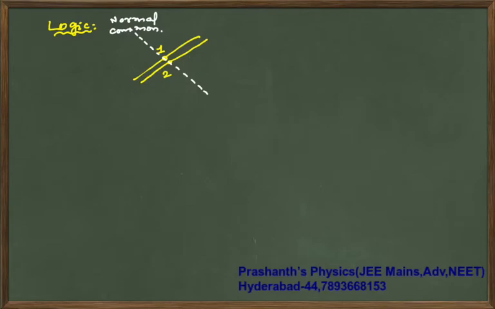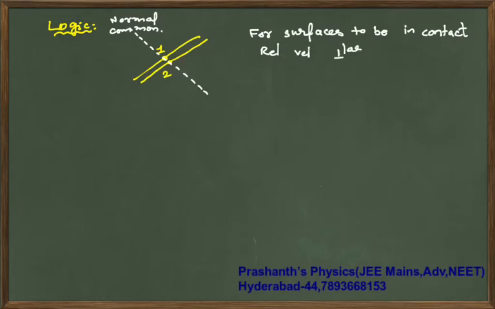Now for these two surfaces to be in contact, the relative velocity perpendicular to the common perpendicular must be the same in magnitude and direction.